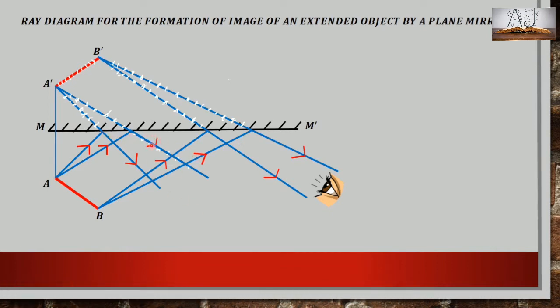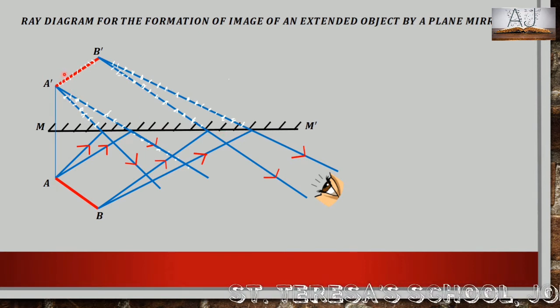And when these rays are reflected, then it appears to be coming from a point like A dash for the point A. Similarly, for the point B, 2 rays. When these reflected rays are produced, they appear to be coming from the point B dash. So the image for B is B dash.